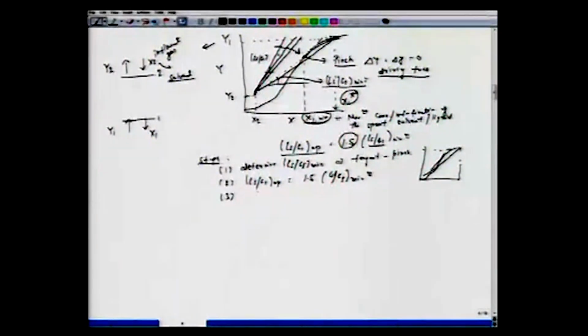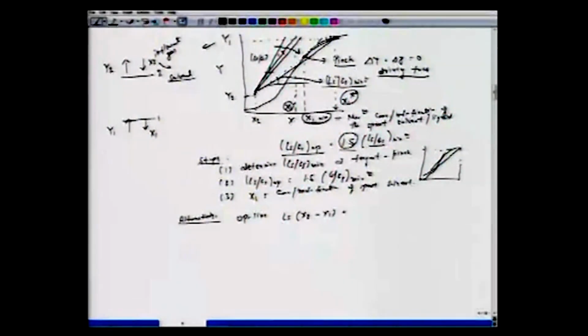Then, once we get the operating curve, say it's like this, from here we can get x1, which is the concentration or the mole fraction of spent solvent. Alternatively, we can write down the operating line equation: Ls times (x2 minus x1) equals Gs times (y1 minus y2), which we have done earlier.